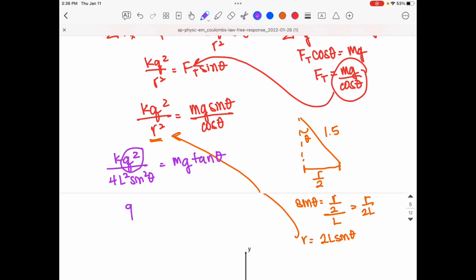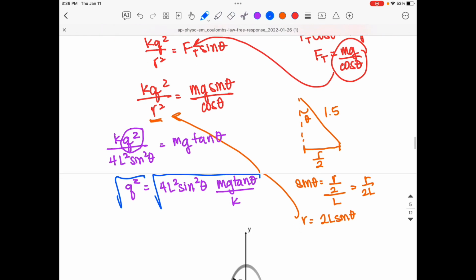So I get q squared is equal to 4L squared sine squared theta times mg tan theta over k. And when I take the square root of both sides, I end up with q is equal to 2L sine theta times the square root of mg tan theta over k.